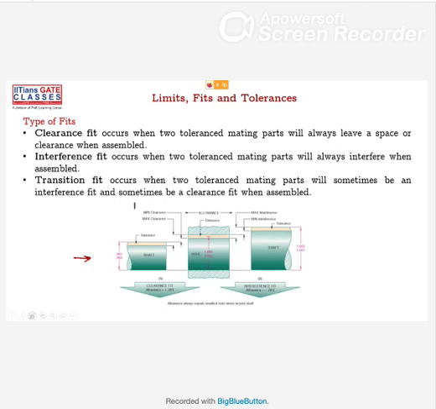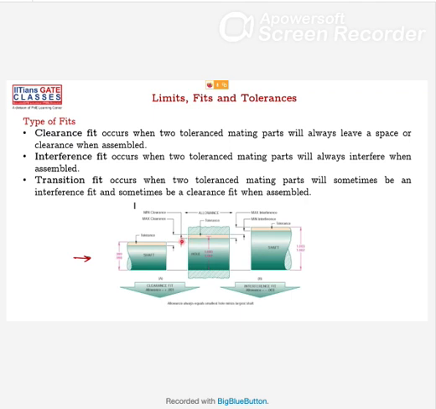Fine. So the clearance fit occurs when toleranced mating parts will always leave a space or clearance between them when assembled. You see the diagram here, this is the shaft and this is the hole. The upper limit of the shaft is lesser than the lower limit of the hole, and there is some clearance provided here.